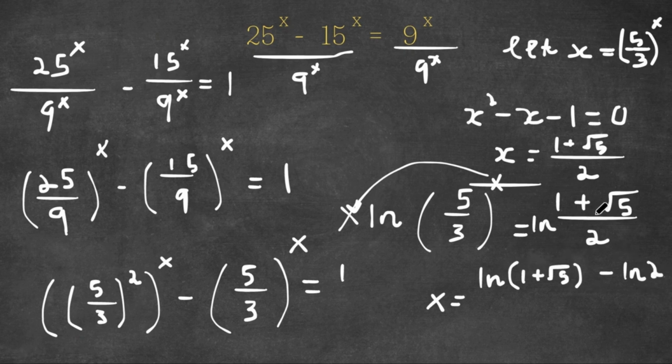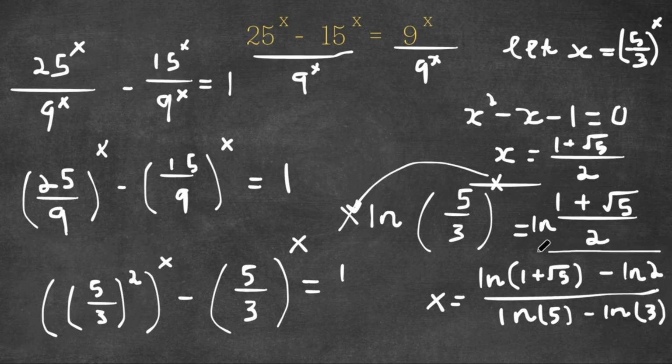So this is the same thing as this. And now this is going to be over, the same thing for this, ln 5 minus ln 3. So this is our answer.